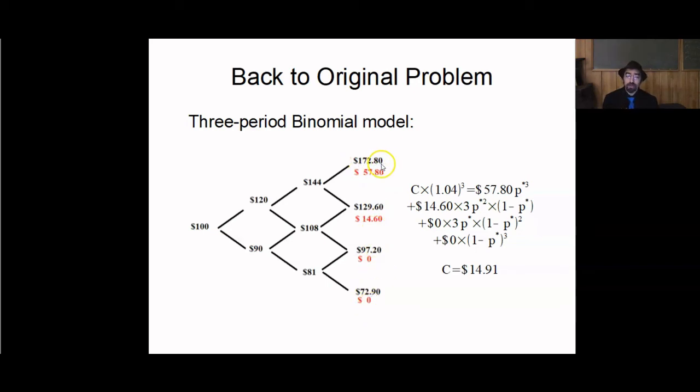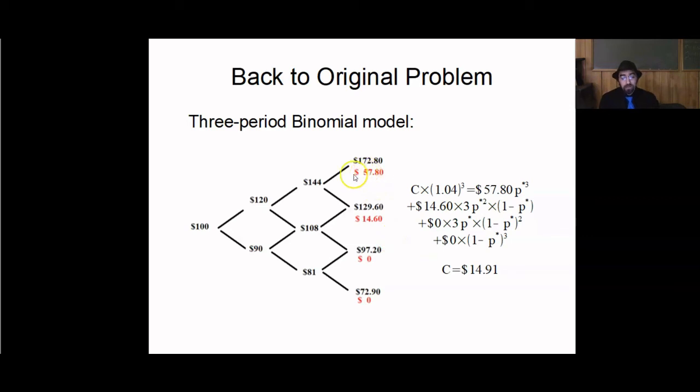If the actual stock price is 172.80 and you're buying it for only 115, the option to buy it for 115 has a value of 57.80. Same here. And these two, where the price is below 115, these will obviously have call option values of 0 because you would just never use it. An option can never have a negative value, right? If it's optional, the worst you can do is do nothing. Or worst case, you can do nothing.